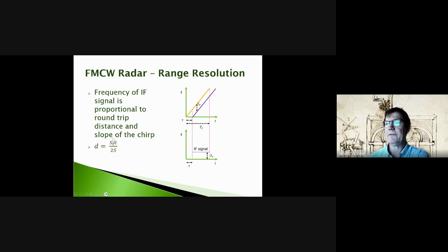So we've got this distance here, a function of the speed of light, c, the frequency of this IF signal, the slope of the chirp itself, and then a factor of 2 to account for that. Really, we're not looking for the round trip distance. We're looking for the one-way distance, but the measurement is a round trip measurement.